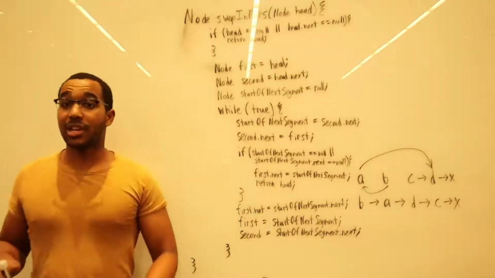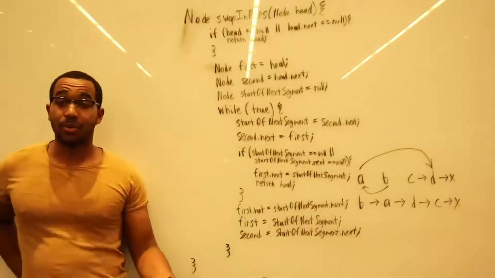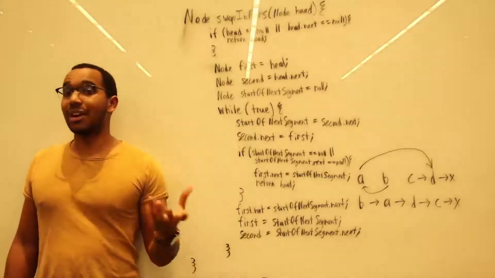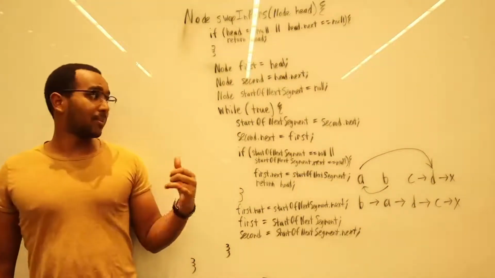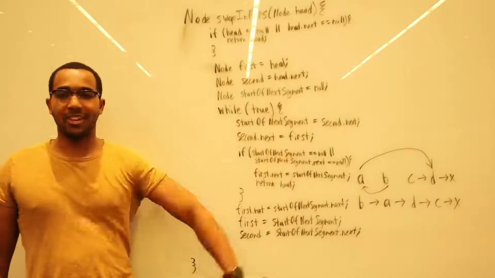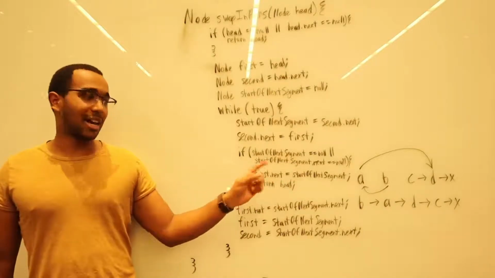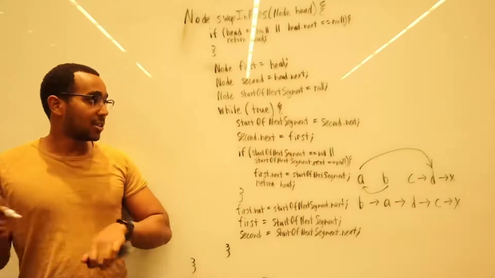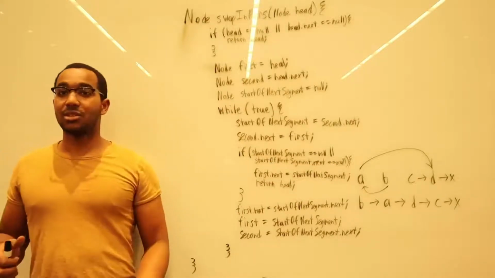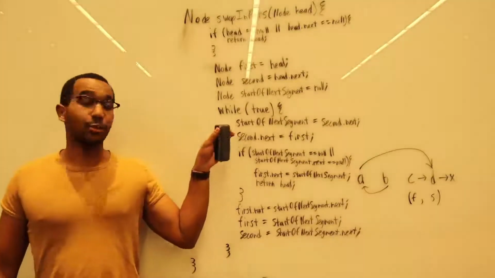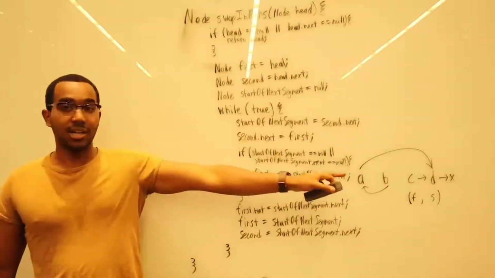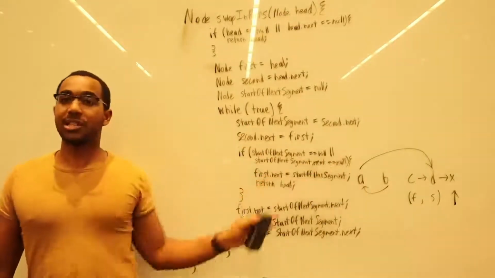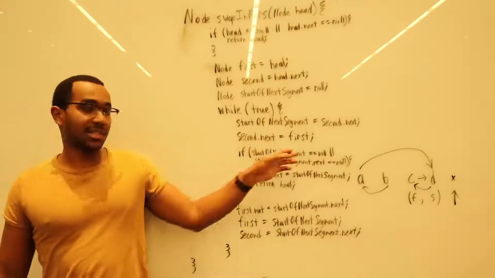We've gone through all our edge cases, and now the next thing we would do if we were in a real situation of interviewing is we would test this. We would pull out an odd case, we'd pull out an even case, we would test both of them. And since we stepped through it, we can be pretty confident that all our edge cases were covered. The final thing that would happen for this even list, let's actually finish it out, is we'd move the pointers to the C and D, so the F and S, come back to the top of the while loop, and point D to C, and then we notice that start of next segment is null.